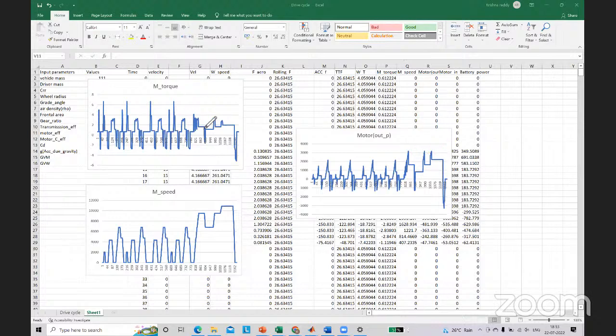If you consider this as the continuous torque, you can just neglect these spikes. Again, it depends on different drive cycles. Where most of your spikes lie, you can consider continuously.